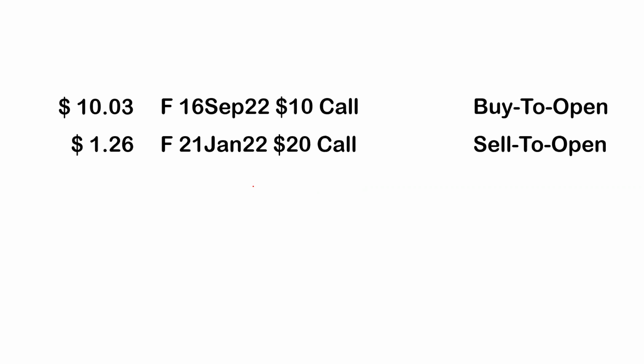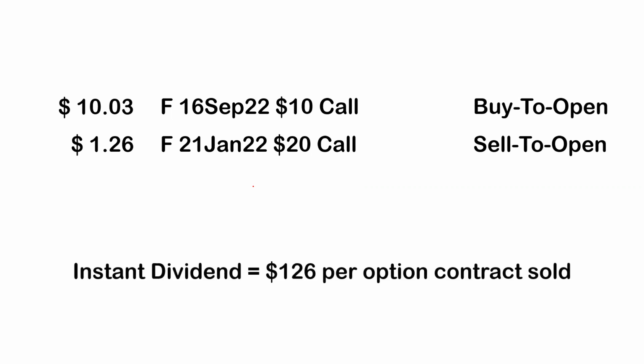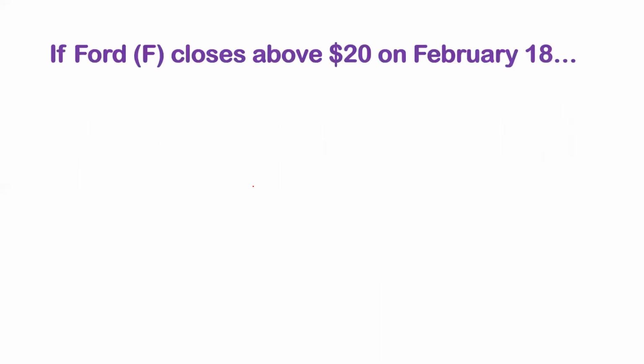So if we take that Ford back month option, that option substitute, I pay $10.03. I get my $1.26 rebate or instant dividend by selling back the $20 call. Remember, everything is sold in lots of 100. So for every contract I do, I get that instant dividend of $126.